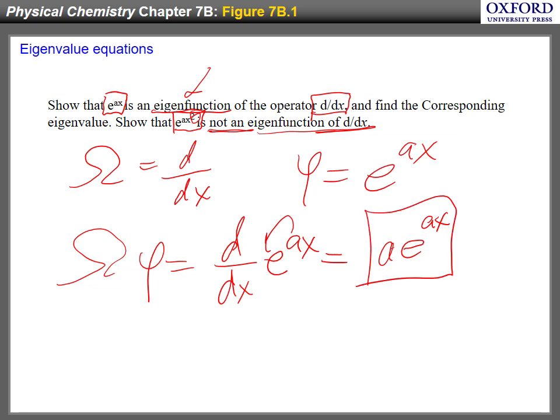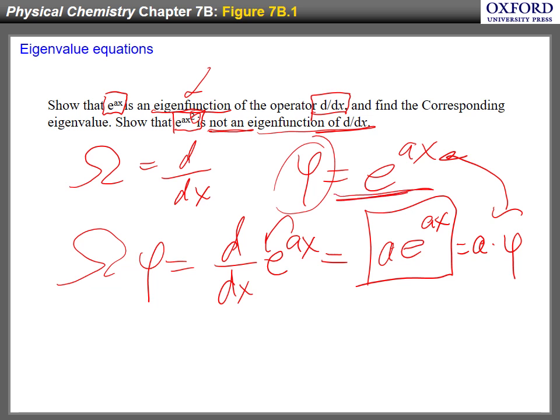And this you can clearly see is alpha, or a, times our initial function phi. So we can safely say that e to the ax is the eigenfunction of d/dx, and therefore our phi is e to the ax.